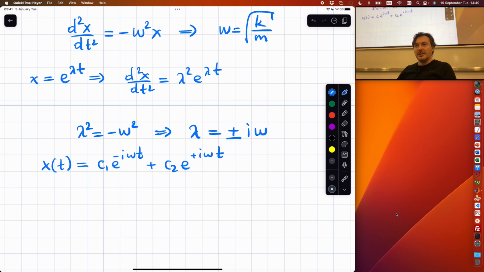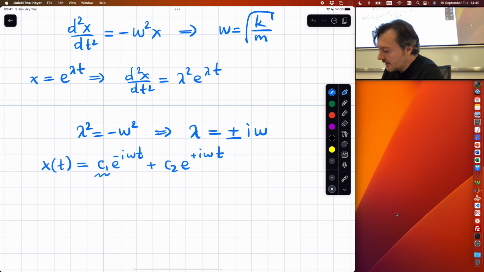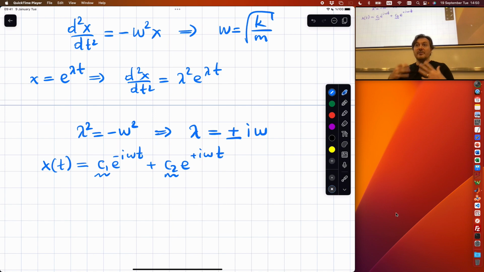But one thing that we should be careful about is that C1 and C2 can be complex numbers themselves. And here's the thing, x and v are real valued functions. By v, I mean the velocity.